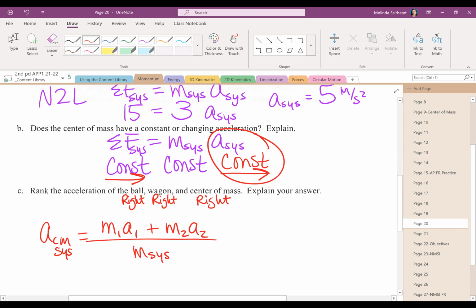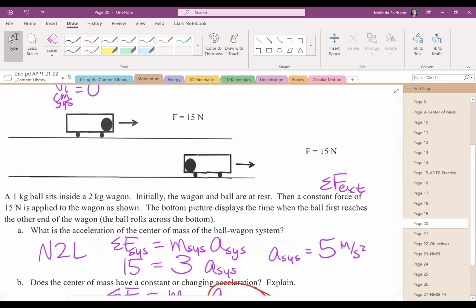Who's going to accelerate more? The timing is all the same, right? And so time equals 0, first picture. Who's going to travel a greater distance in that same amount of time? Go back to the picture.